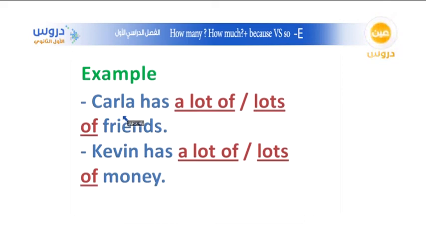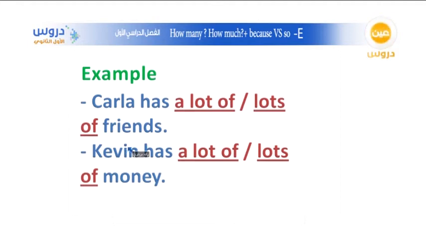This is a positive clause. It's not a negative clause. This is why we use a lot of or lots of. The other example, Kevin has a lot of or lots of money.